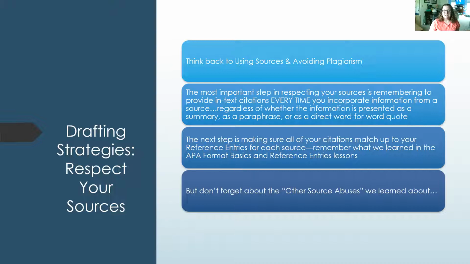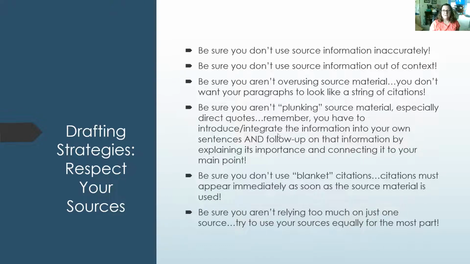The next step is making sure that all the sources on your reference list have been cited at least once. Remember, everything has to match up. But don't forget about the other source abuses that we learned about last week, 2 weeks ago as well. Don't use source information inaccurately.